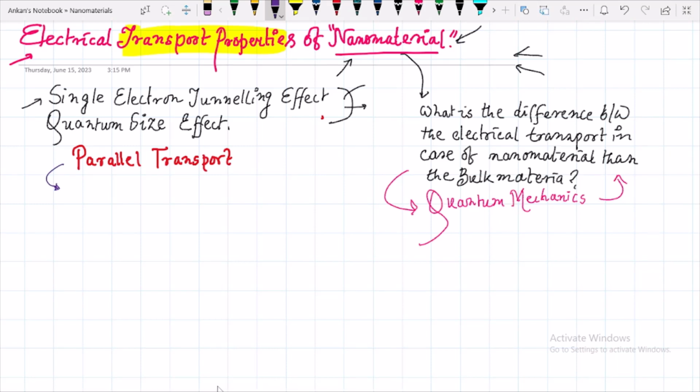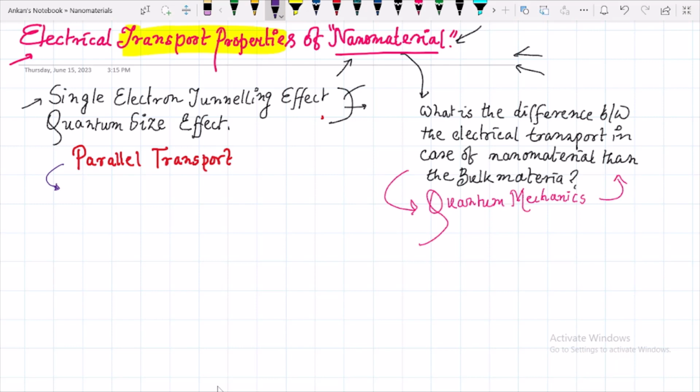Okay, in the case of a nanomaterial semiconductor, the electrons, that is, the particles that conduct electricity, get involved in the conduction.